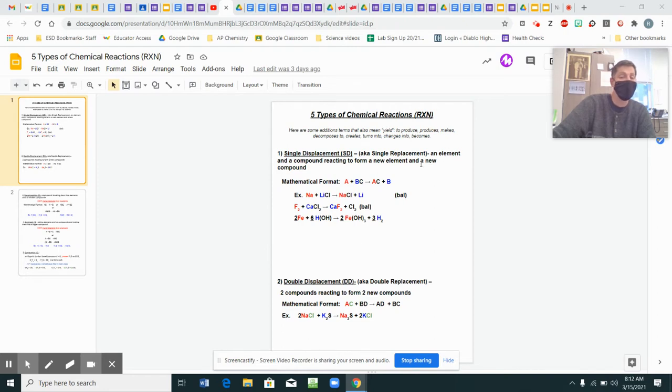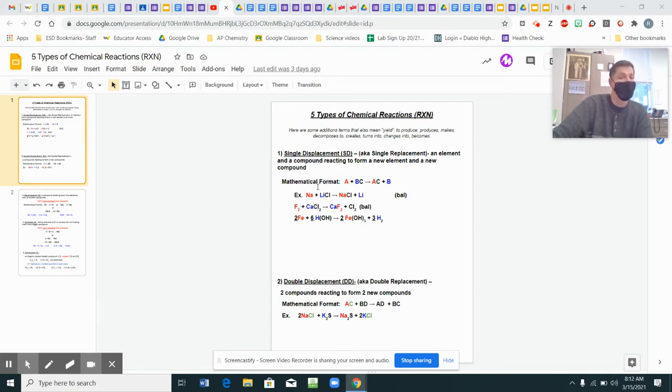You're going to start with an element. Remember, an element is going to be a single capital. And then you're going to have a compound. Remember, a compound's 2 or more capitals. You're going to react them together, and you're going to form this new element. So you're going to have a single element coming out by itself, and you're going to have a new compound, a new combination of 2 or more capitals.